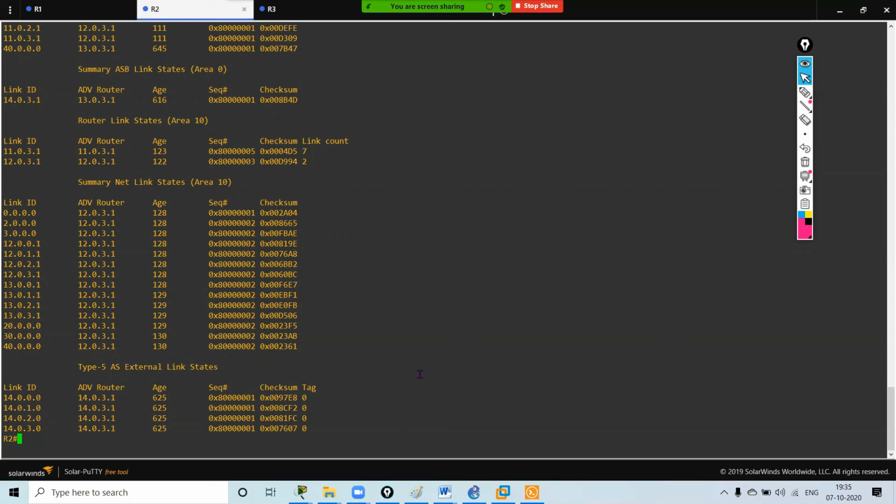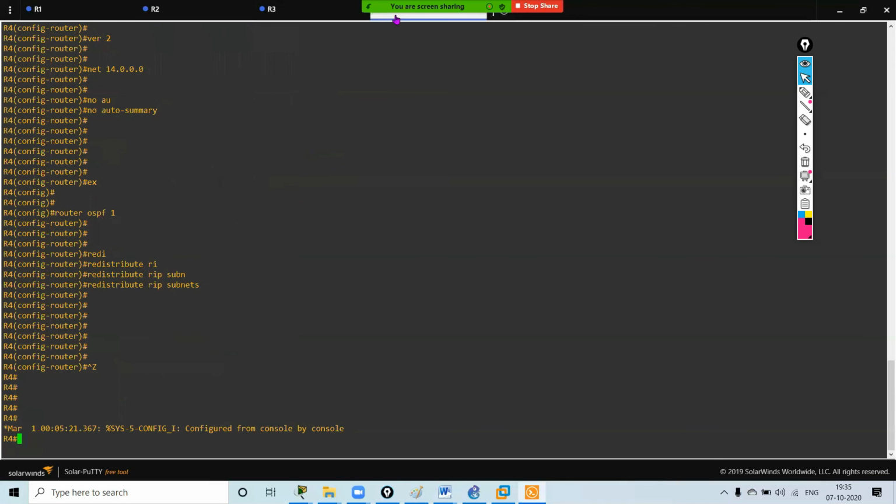Just wanna correct one. ASBR definition is when we run two different protocols on a router, then that router becomes ASBR. Yes. But here R2 is not ASBR, right? R2 is ABR, area border router. ASBR is my R4.